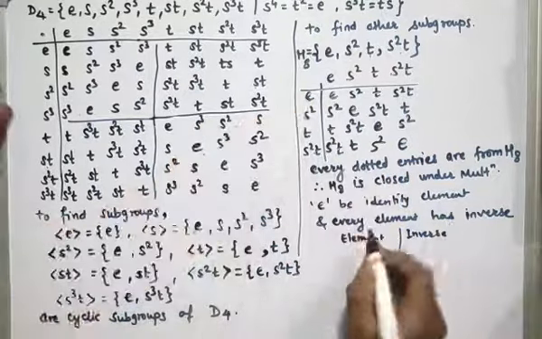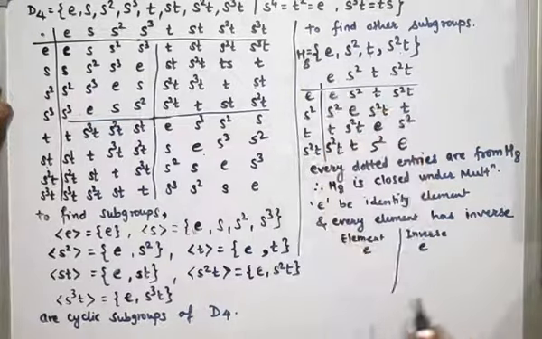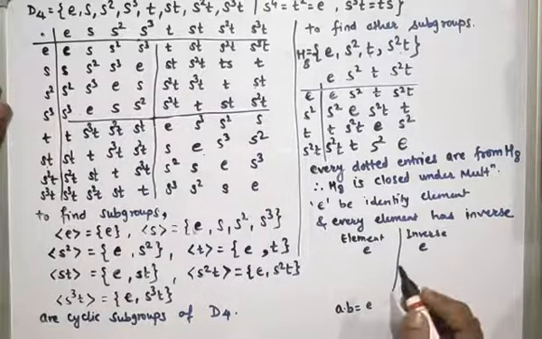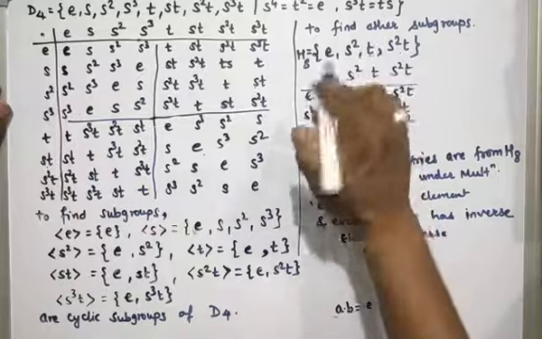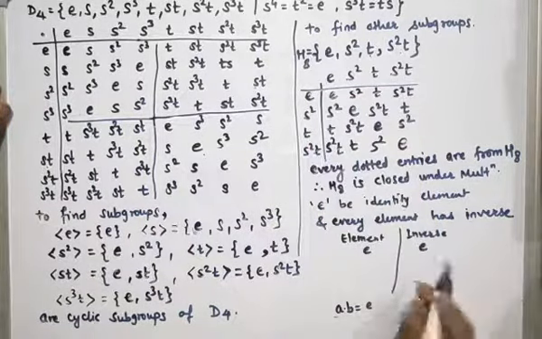Here identity has inverse identity because E into E is equal to identity. So we have the definition: A into B is equal to identity, then we say that B is an inverse element of A, right? So the product of any two elements being identity means B is an inverse element of A or A is an inverse element of B, right? Here E into E is equal to identity means the inverse element of identity is identity.